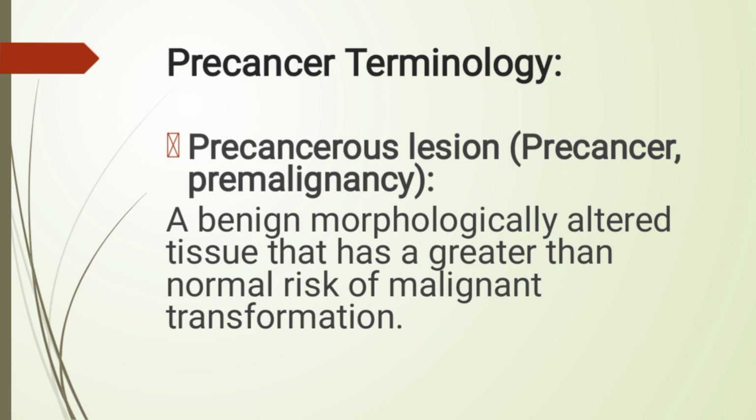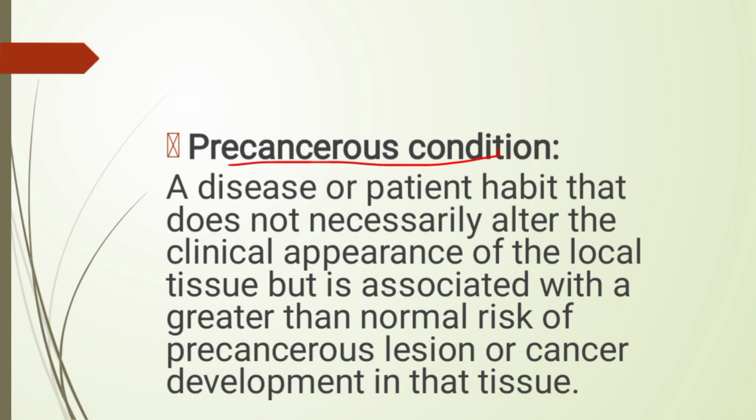So basically, what is it? It is a benign morphologically altered tissue that has a greater than normal risk of malignant transformation. Okay. Then you have precancerous condition, a disease or a patient habit that does not necessarily alter the clinical appearance of the local tissue, but is associated with a greater than normal risk of precancerous lesion or cancer development in that tissue.